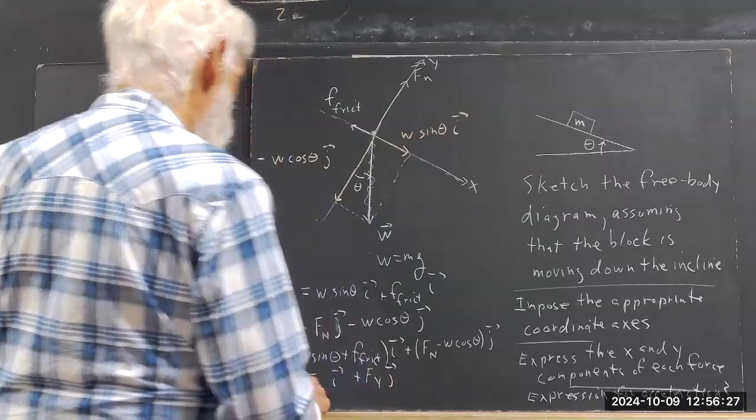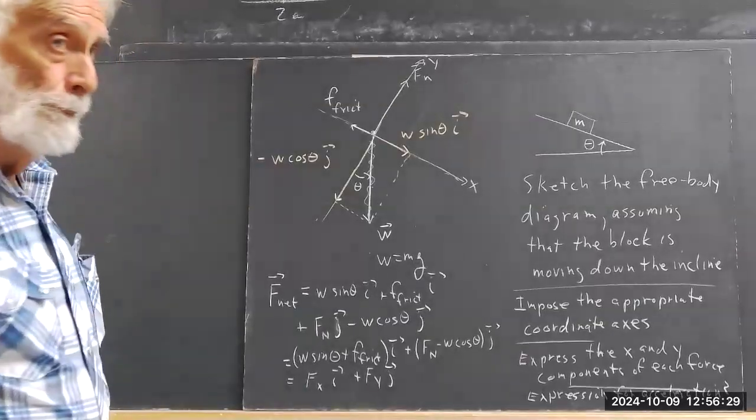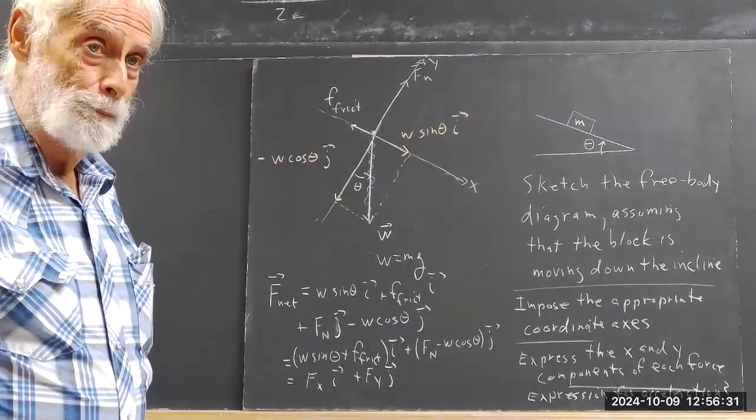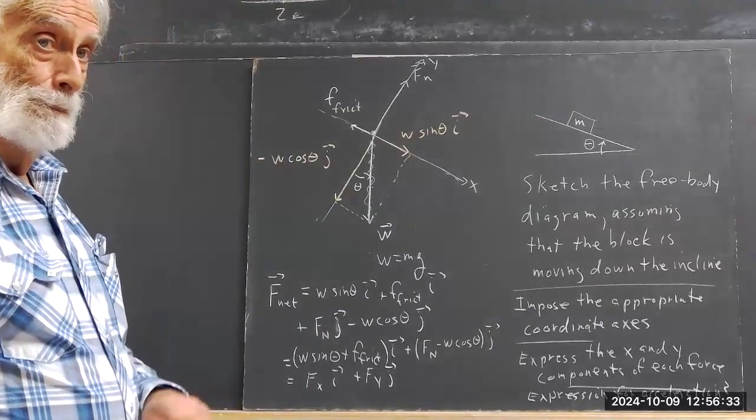Now, if you want to call this Fxi and Fyj, that's fine.